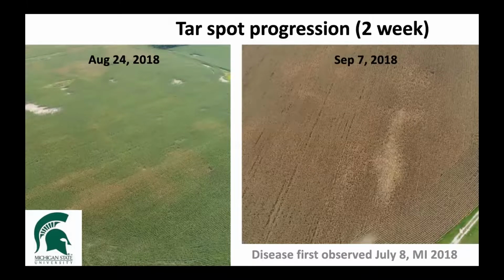So like many of our diseases, it tends to develop and progress with generations of the fungus splashing up from the lower leaves to the upper leaves. But it can also develop rather dramatically at the end of the season without seeing much in the lower canopy.